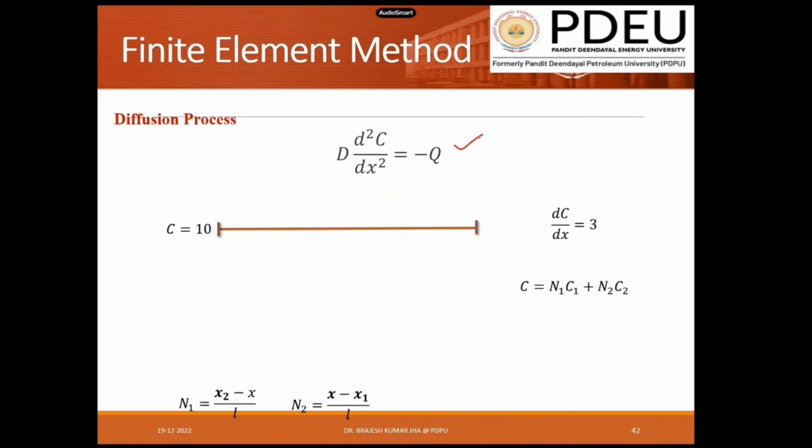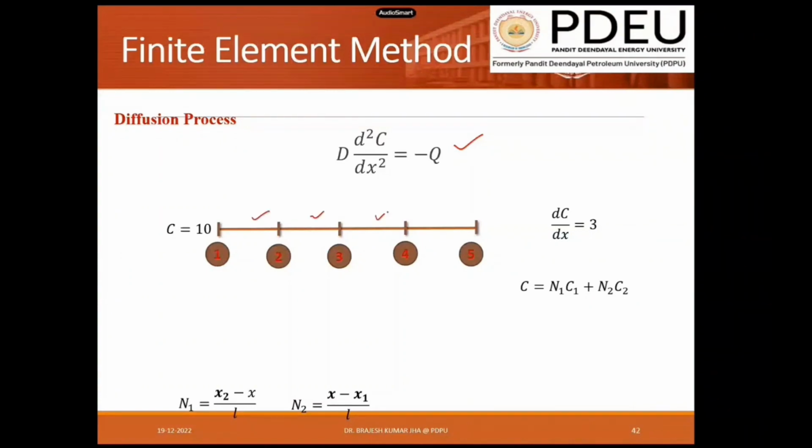C is equal to 10 and dc by dx is equal to 3, which are the given boundary conditions. We discretize this solution region with 5 nodes, and the number of elements is 1 less, that is 4. You can extend this 5 to 50 or 500 according to the problem.